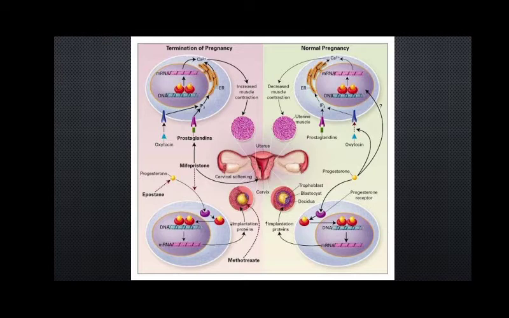But when the termination of the pregnancy has to be triggered, the drug methotrexate is given, which will prevent the progesterone from binding and triggering the health of the fetus, and which is also responsible for maintaining the form and shape of the myometrium.